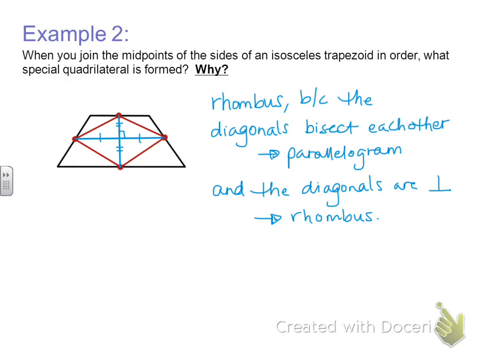Yes. Could it be a square? Potentially, but not always. It would just have to be that perfect stretch this way to force it into a square, but it's not always going to be a square. Okay. Any other questions? Okay.